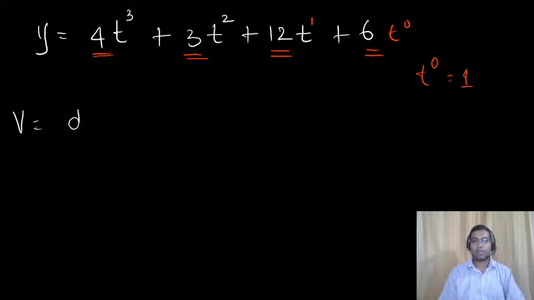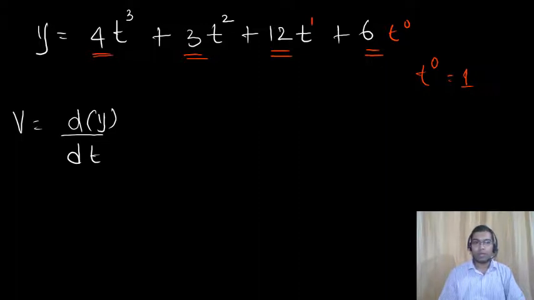Now, velocity is given as the rate of change of displacement, that is dy by dt. Now, how did we arrive at this d by dt? It is a general tendency for human beings to have work done in the shortest possible time.